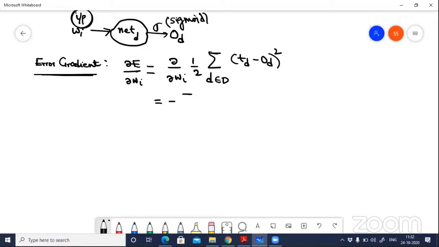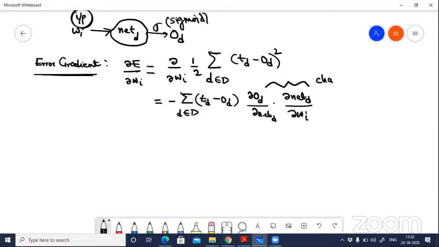I'm going to skip this because I have already shown you these calculations. So this will be just t_d minus o_d, which is the difference between the target and the output. And then there would be a partial derivative of the output with respect to the network, because there is a relation between the network and the output layer. And then the partial derivative of net with respect to w_i. So there has to be a chain rule; this is nothing but the chain rule.